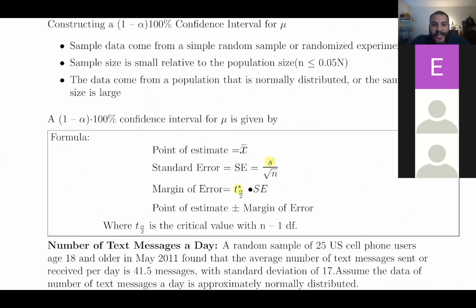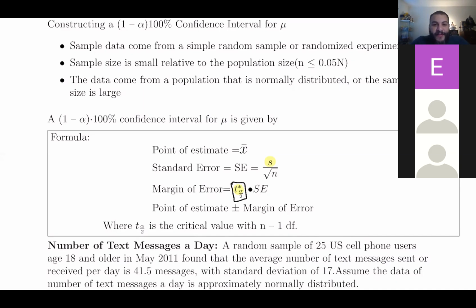In my standard error, instead of sigma divided by square root of n, we're switching to s divided by square root of n. Since we don't know the population standard deviation, we use the second best thing: the sample standard deviation. And because we're using the sample standard deviation, we're going to be using the T distribution.